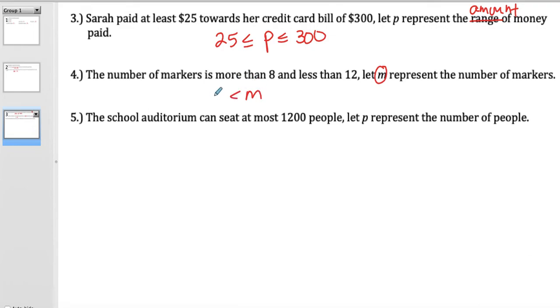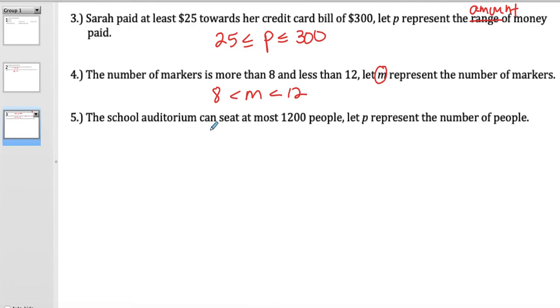So when I read this backwards, M is bigger than 8, but M is also less than 12. So if you cover up this portion over here and just read M is less than 12, cover up this section over here and read it backwards, it says M is bigger than 8.